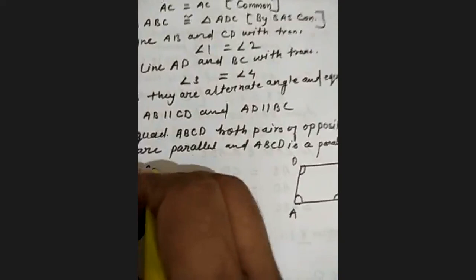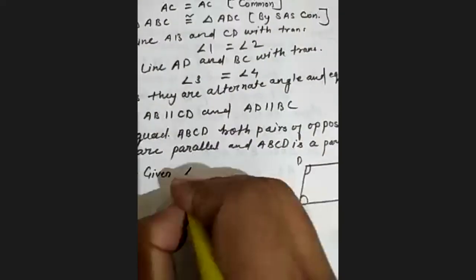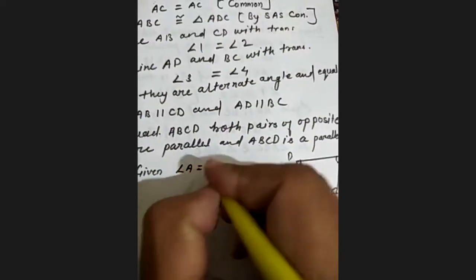ठीक है, तो first you write given: angle A is equal to angle C and angle B is equal to angle D. Okay, already question में put है.